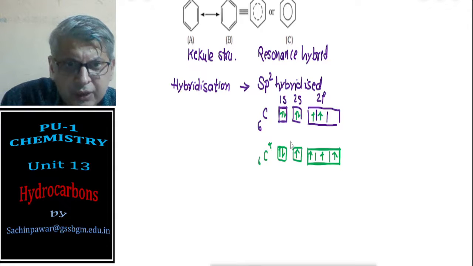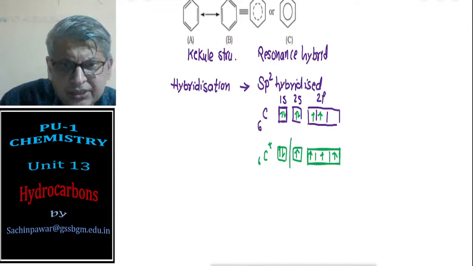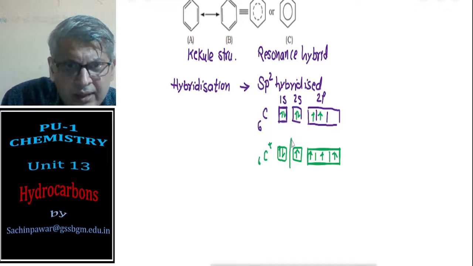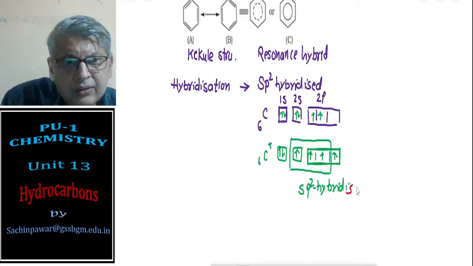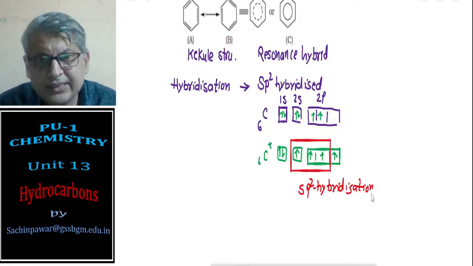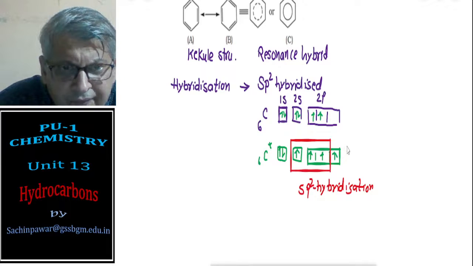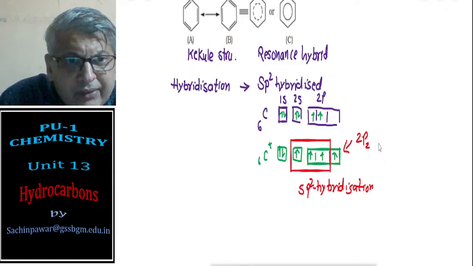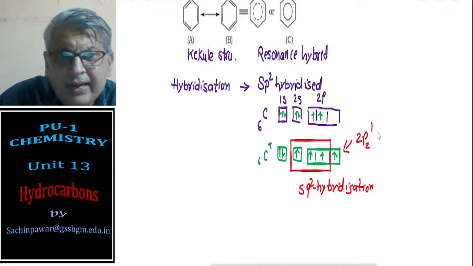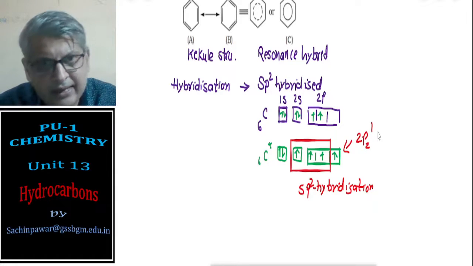So here it should undergo sp2 hybridization. That means one s orbital mixes with two p orbitals to undergo sp2 hybridization. That leaves one 2pz orbital with one electron on all the carbon atoms.